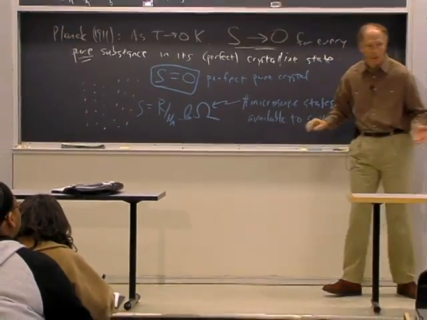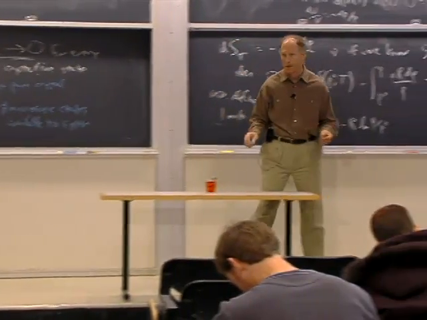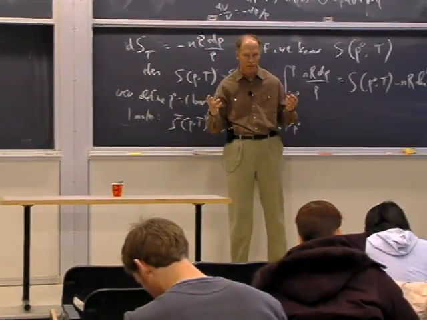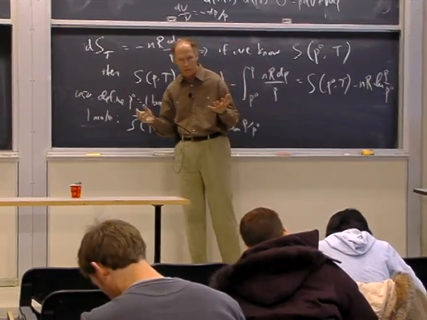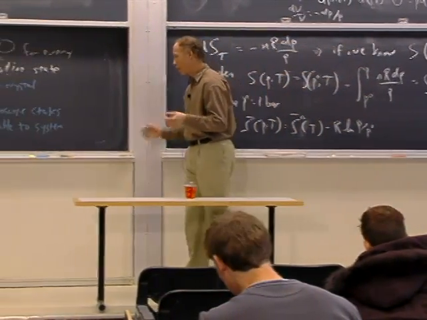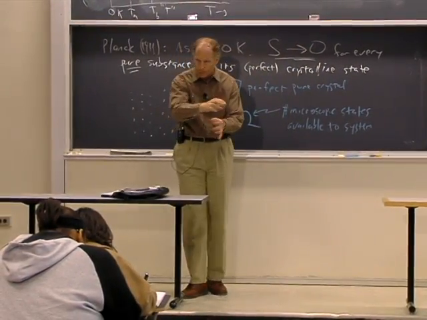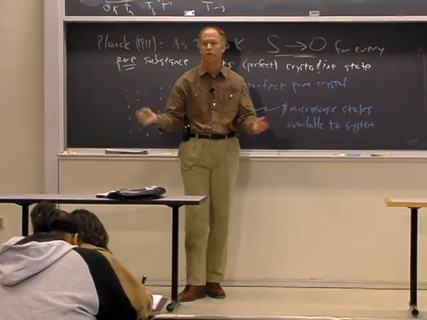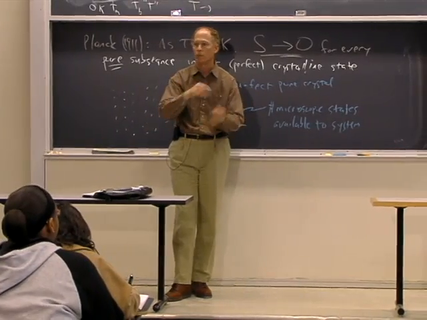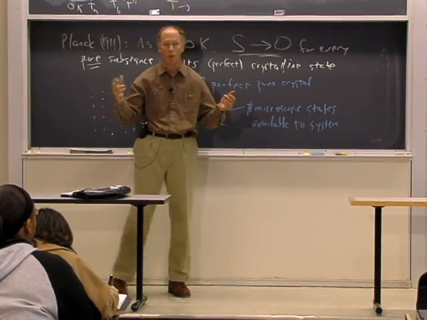Now, normally, for a macroscopic system, I've got just an astronomical number of microscopic states, right? That could mean in a liquid, different little configurations of the molecules around each other. They're all different states, right? Huge amount of possible states. In the gas, even more.